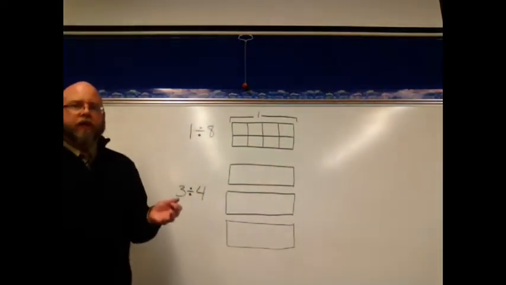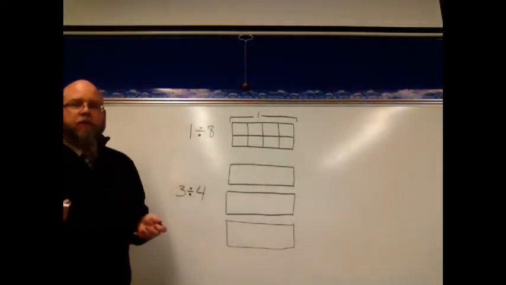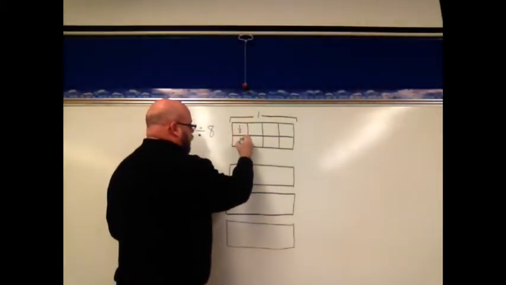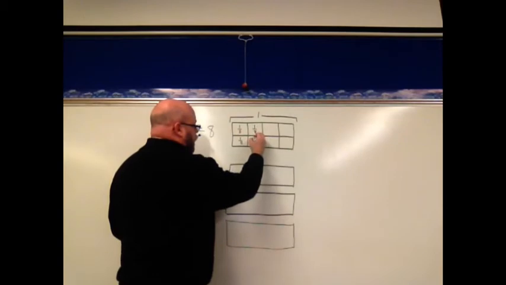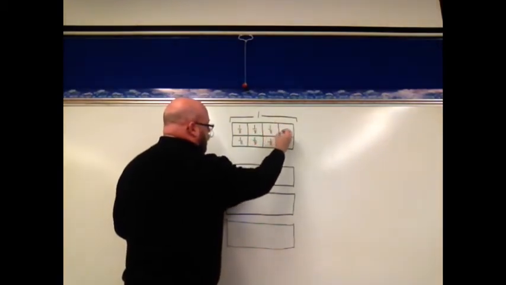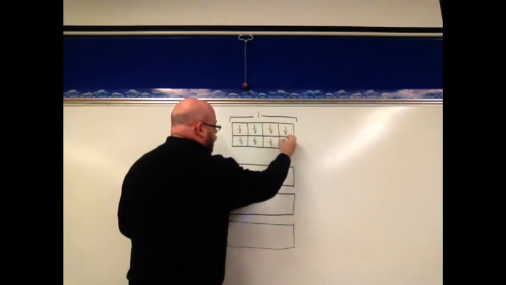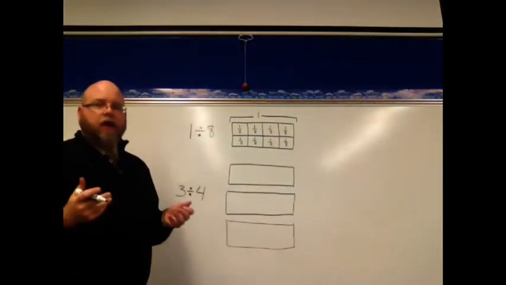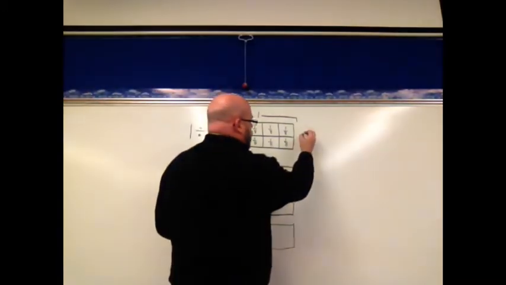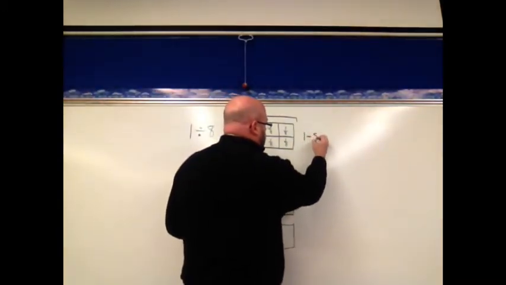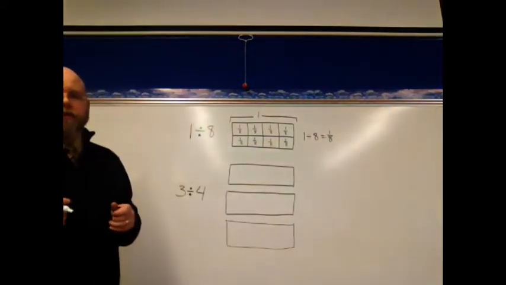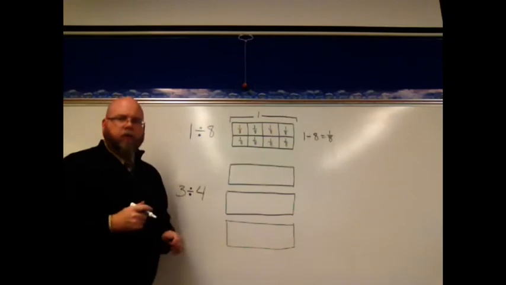Well, if I were to do that, each piece represents 1/8 of that whole. So 1 divided by 8 would equal 1/8.